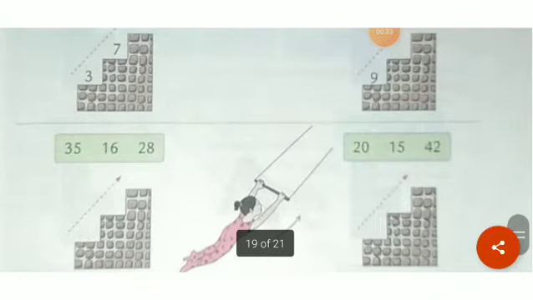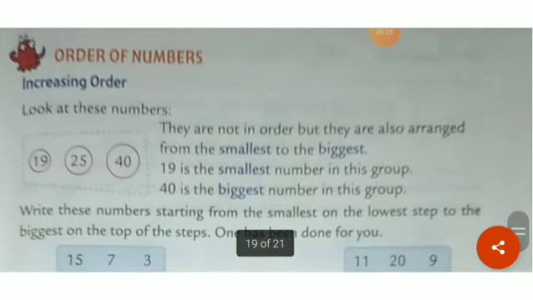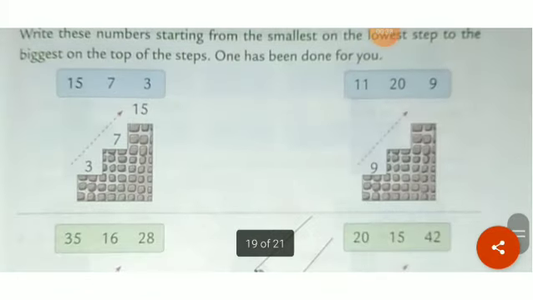So what you have to do, in increasing order, a climb up ladder is given. See the examples 11, 29. So when numbers are in increasing order, you have to write numbers from smallest to biggest. So 9 is given here. You will write the next number as 11 because after 9 the next bigger is 11, and 20 is the biggest one.